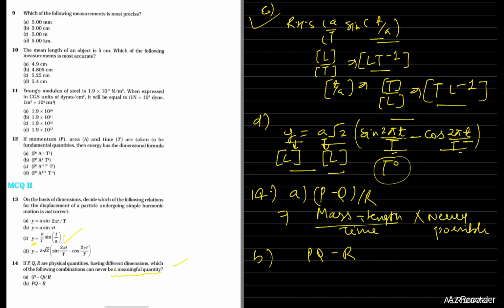Now option B, PQ minus R. As for example, mass into length minus time. It is not valid.